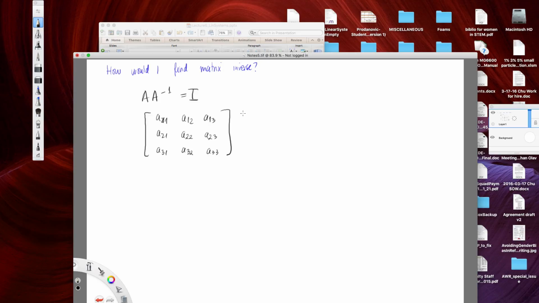And I'm going to present this inverse matrix as a matrix of columns, equal to identity.